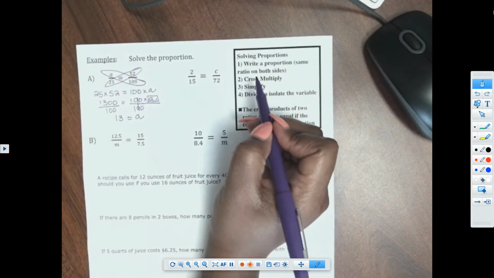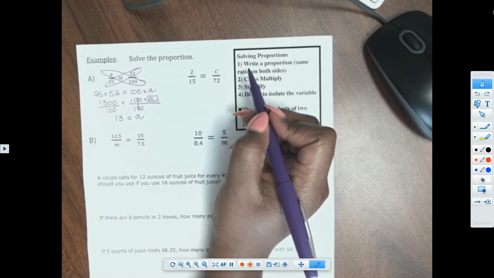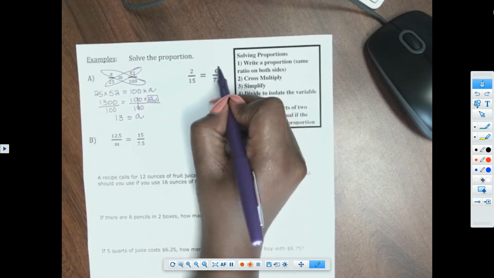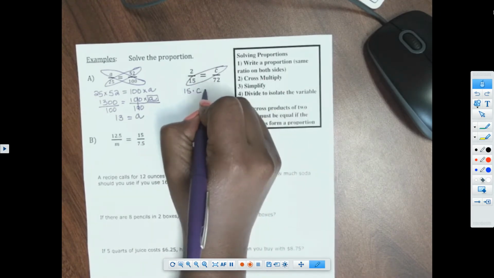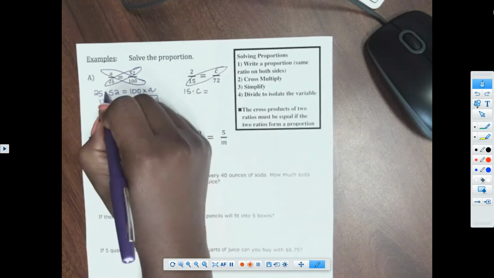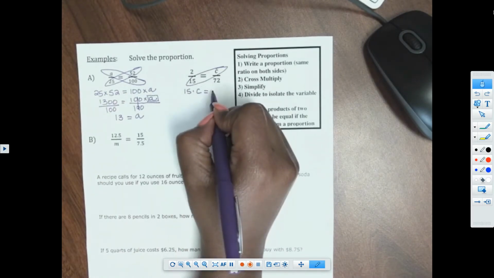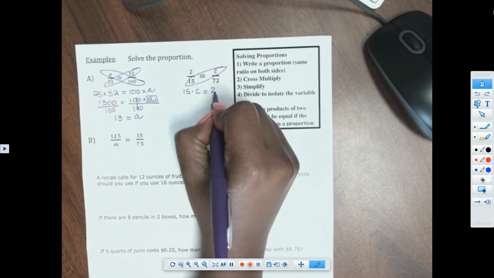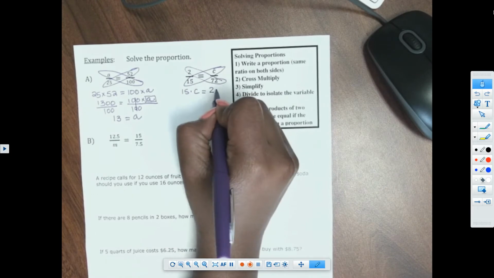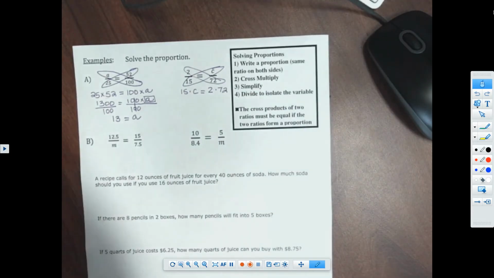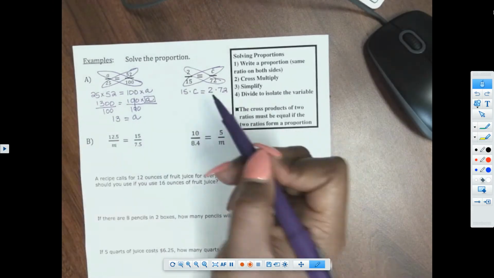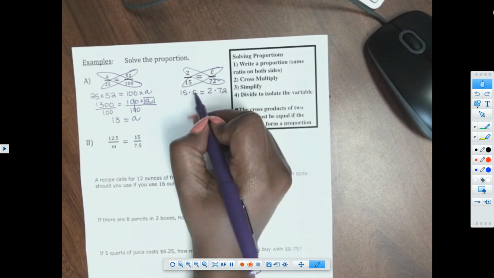Now I'm going to do a couple more examples. At any point, you can pause the video to make sure that you're doing it the correct way. Okay, so I cross multiplied. That's 15 times C. Notice I put a dot instead of a multiplication sign. Either one means multiply. And then 2 times 72. Now the commutative property allows me to multiply whichever number I want first and not change my answer.